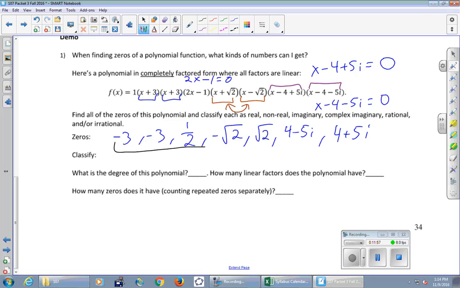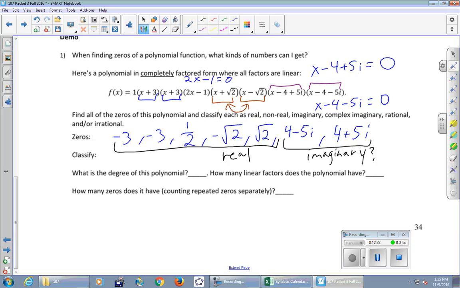Okay, so lots of different kinds of numbers here. All of these guys here are real numbers. These ones here? Yeah, those are our imaginaries. I'm actually not even sure of the vocabulary myself here. I see this thing that says complex imaginary. I'm going to put a question mark. I honestly don't know the vocabulary.